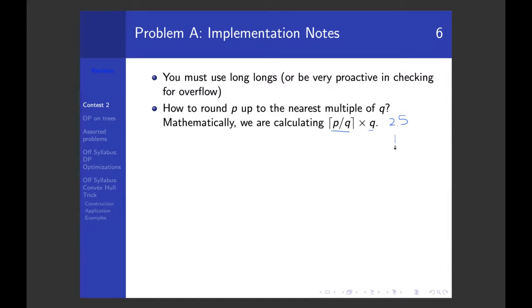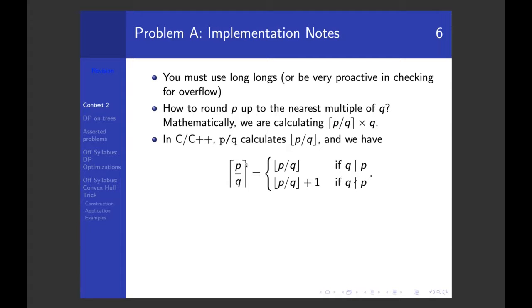So if a train leaves every 10 minutes, and currently it's 25, we divide this by 10 to get 2.5, round it up, get 3, and multiply by 10, and we get 30, which is the next train arriving. So mathematically, we're working out this.